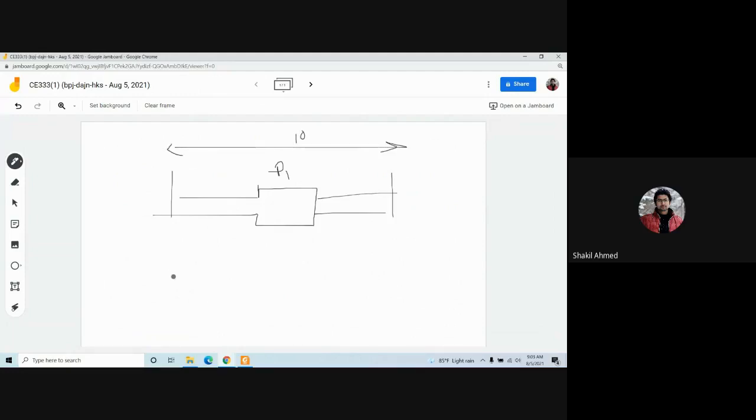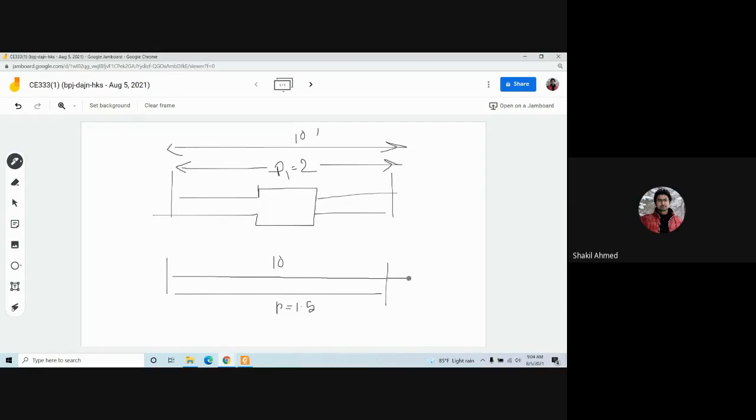Now, if there is no fitting like this, then for the same length of pipe, 10 feet, the frictional loss will be smaller, right? For example, frictional loss here is 2 in total pipe. In this overall pipe, frictional loss is 2. Here, frictional loss is 1.5. Why? Because it doesn't have any fittings.